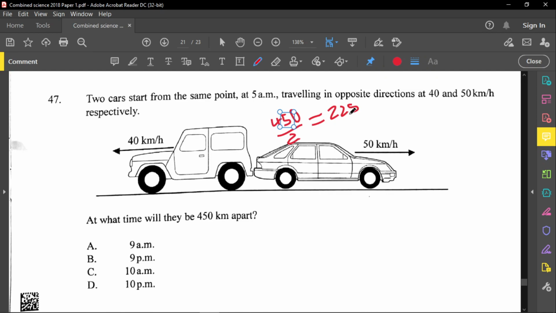Now, since we have defined the average distance for each car, and we already know the speed, what we can also find is the time.